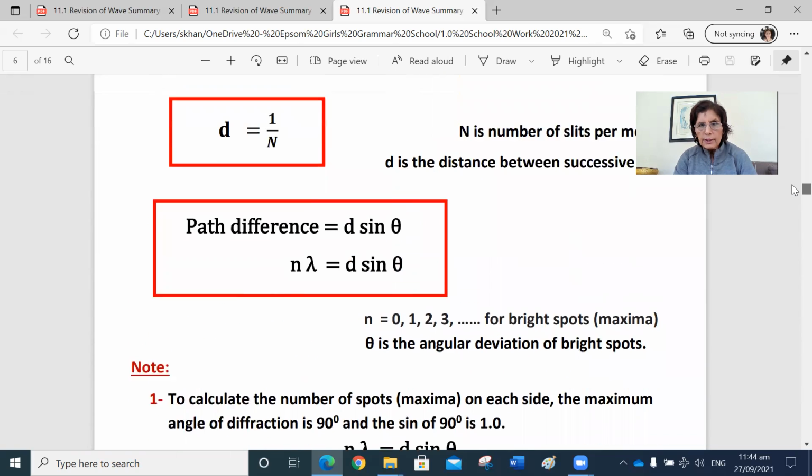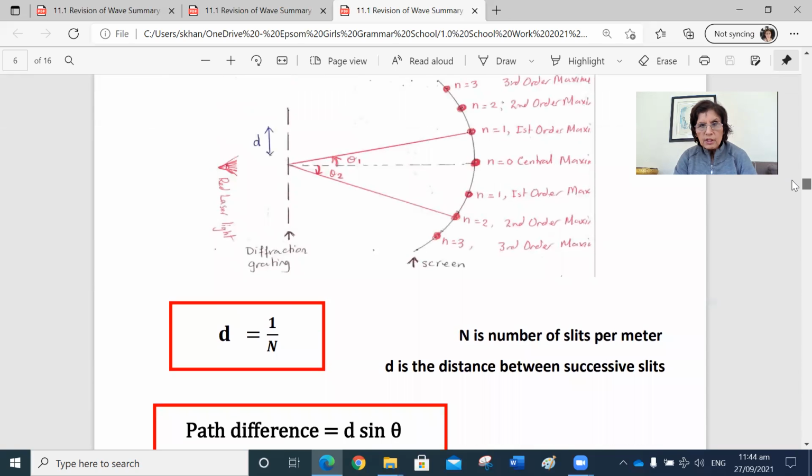Now, if we want to find out, this is the central maxima, that's the third order maxima, how many bright spots will be seen on the screen? If light was going straight, that's the straight path. The maximum angle of diffraction is 90 degrees.